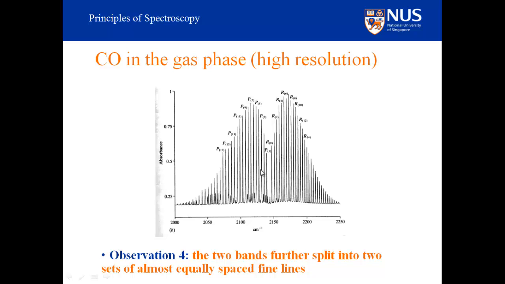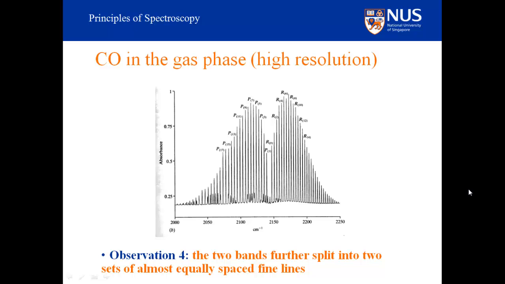And if you look at these lines, as you go to lower frequencies, they are getting further and further apart. This needs to be explained. There is also some structure down here at a slightly lower frequency, centered at around 2100 wave numbers. We saw the same problem for the rotational spectrum of carbon monoxide, and again this is due to carbon-13 monoxide.